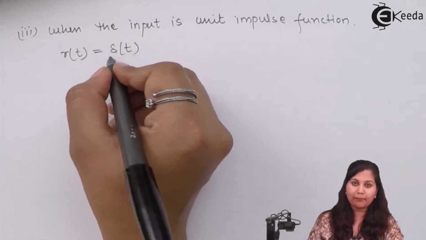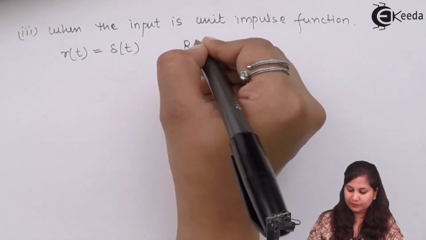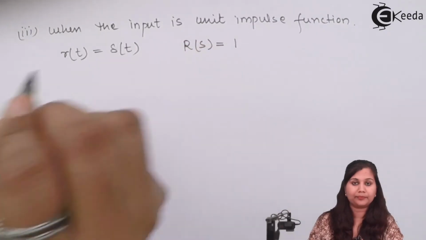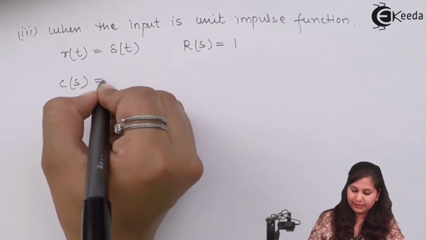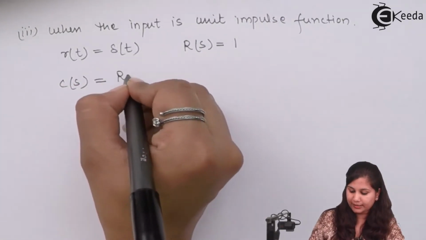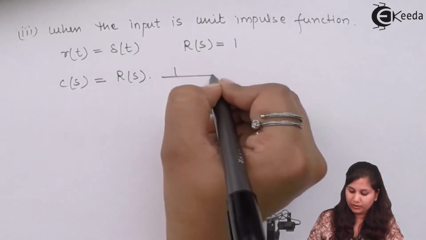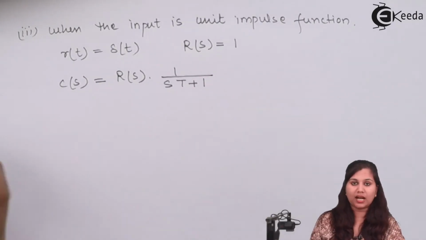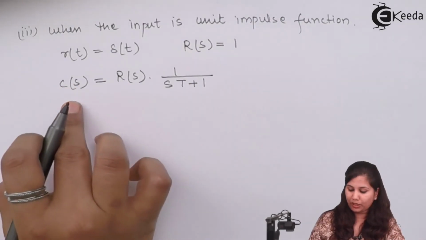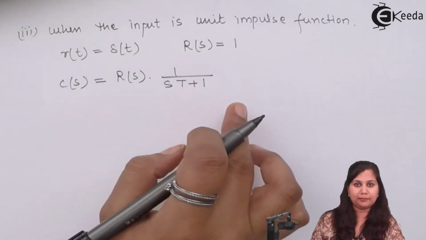If we take its Laplace transform, then R(s) will be equal to 1. So we have the transfer function C(s) equals R(s) into 1 upon sT plus 1. This is what we started with, that C(s) upon R(s) is equal to 1 upon sT plus 1.